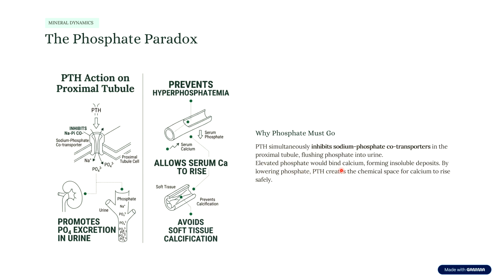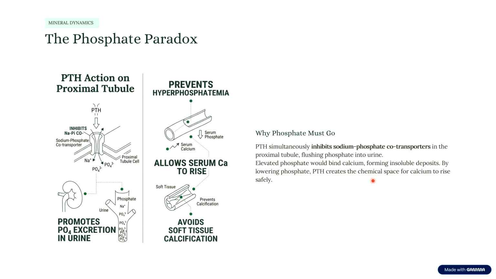Elevated phosphate could bind the calcium. So this is the reason why the phosphate should go out, because if there is an increased amount of phosphate in the blood, it will bind with the calcium, which will no longer help the calcium to be retained in the body, and the calcium will be lost in the urine.